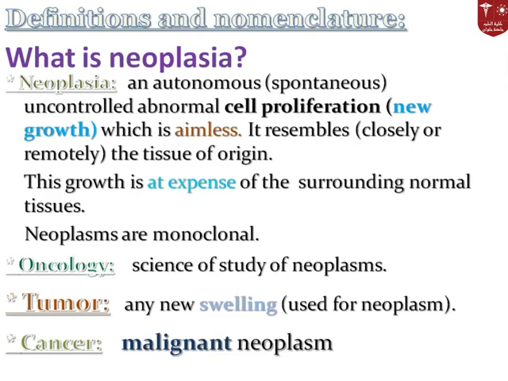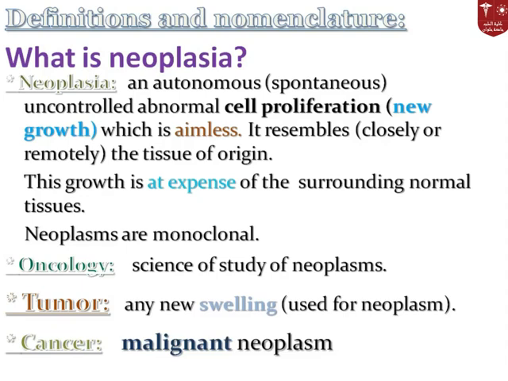They have a similar clone, a similar DNA chromatin like the original cell. So we call neoplasms monoclonal. Mono means one, single. Clone is the offspring. So all the offspring have one single shape that is derived from the original one cell.